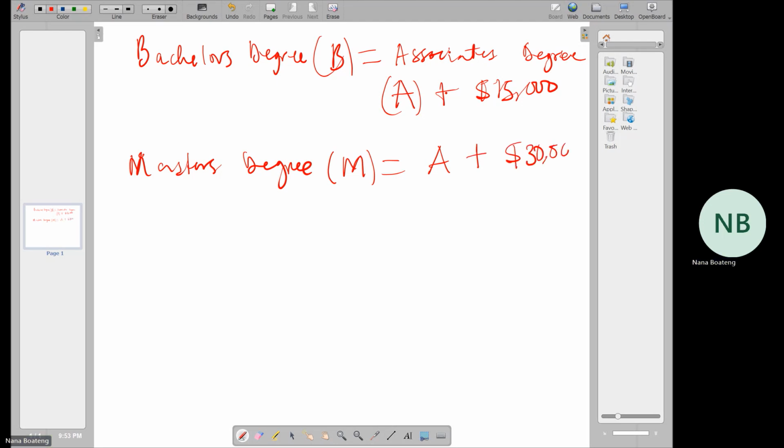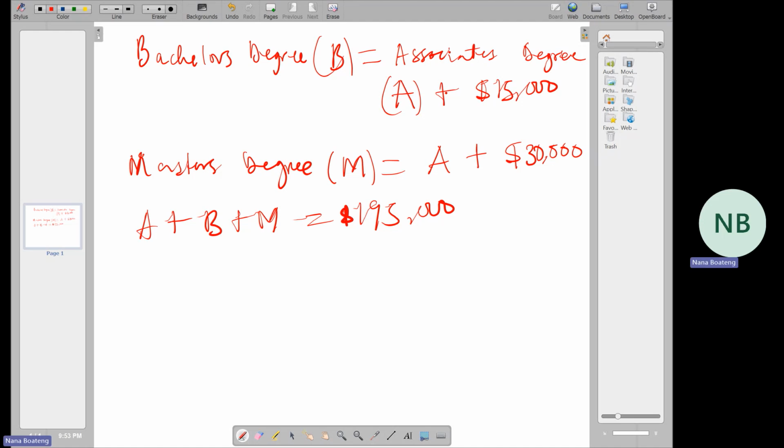And we are also told that the yearly income of all three, an associate's degree holder, a bachelor's degree holder, and a master's degree holder, is equal to $195,000. And we have to find the income for each one of these.